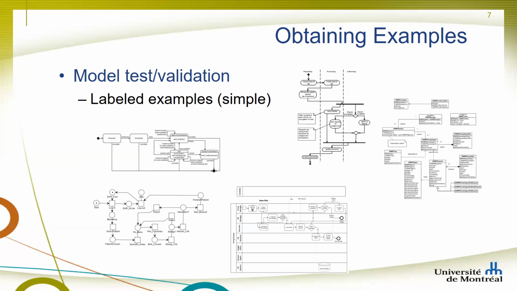So the labeling is just simple labeling. For each model example, he says, okay, this is valid. Oh no, this does not work. Okay, and we just label the models as valid and invalid. So this is a kind of labeled examples, but with simple labels.